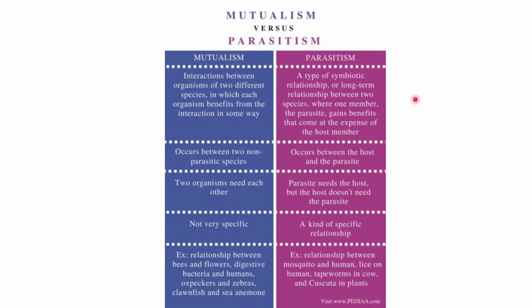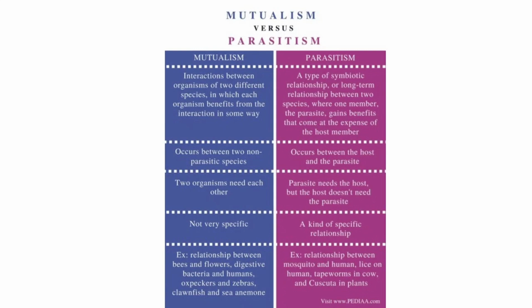If a bacteria is just taking benefits from the host, maybe a plant or an animal, and it's not giving anything in return, and the host is being harmed by the presence of the bacteria, that will be parasitism. When one member gains benefits at the expense of the host member, that is called parasitism.